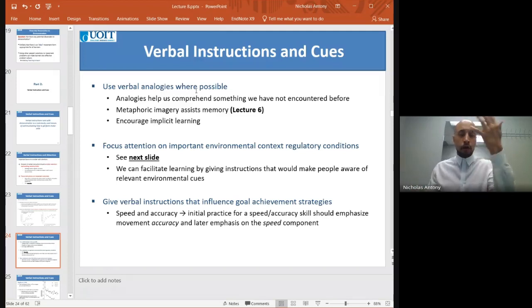They can understand what a clock looks like, and so it allows for a greater visual representation of what they should be doing. So it encourages implicit learning because you're making an analogy of something they know about when you're providing the instructions. It's a better instruction because they can now relate it to something visual.